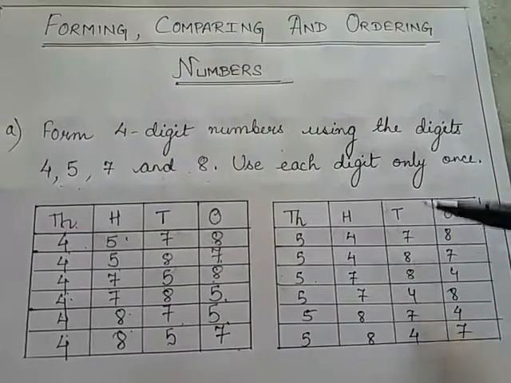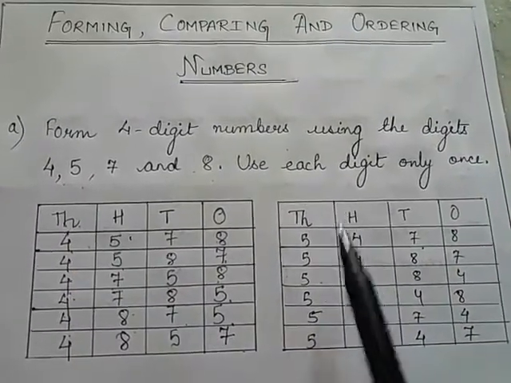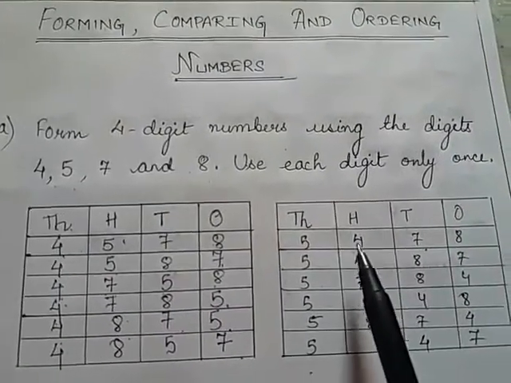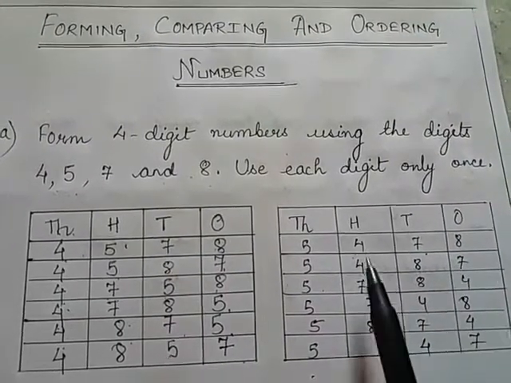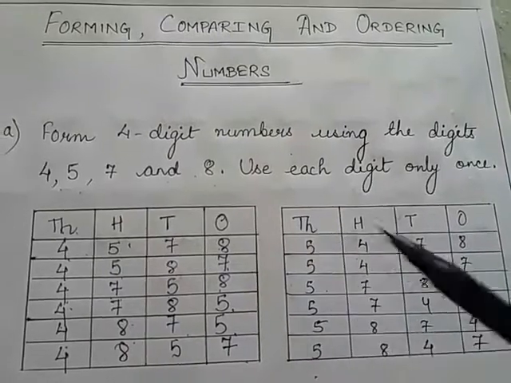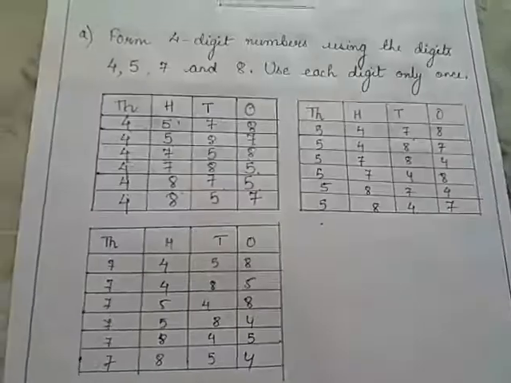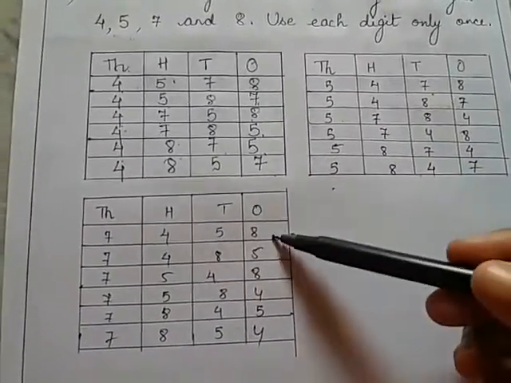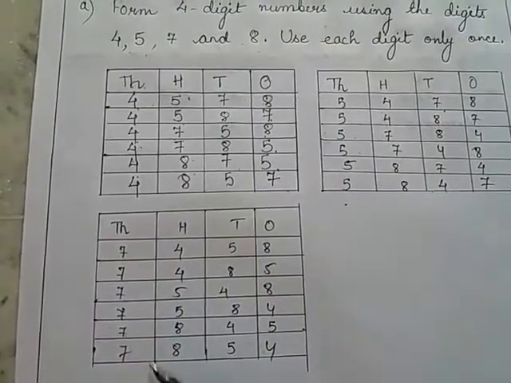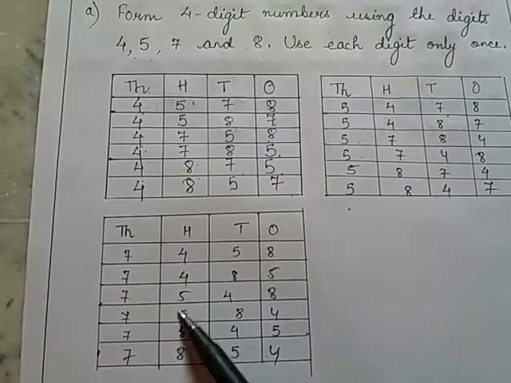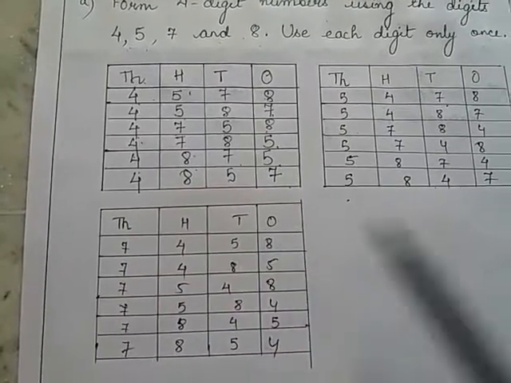See here in this place value chart, we have kept the digit 5 in the 1000 place and then we have interchanged these digits and we got so many 4-digit numbers. Here we have kept the digit 7 under the 1000 place and we have interchanged the rest of the digits and we have changed their places.